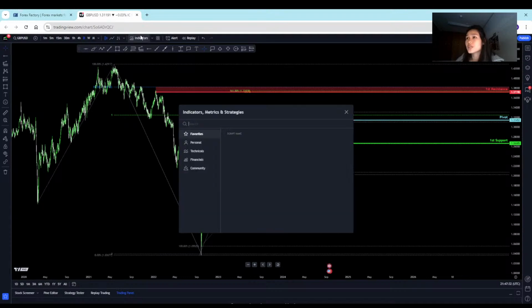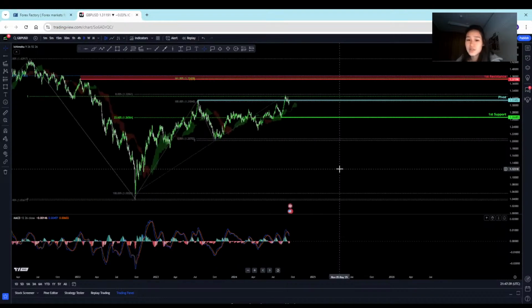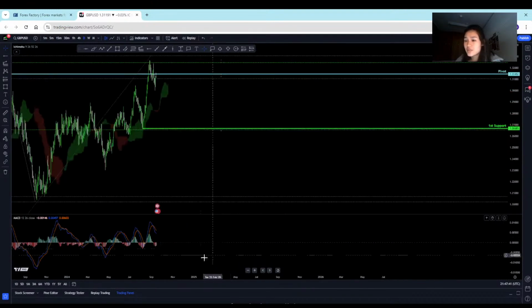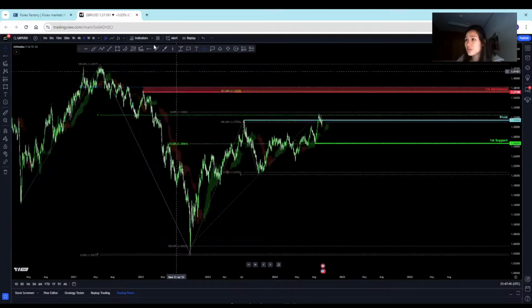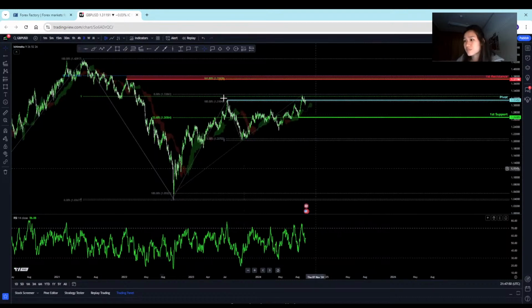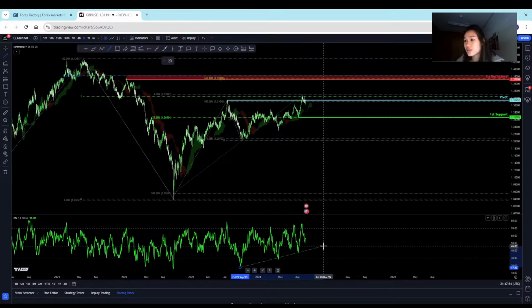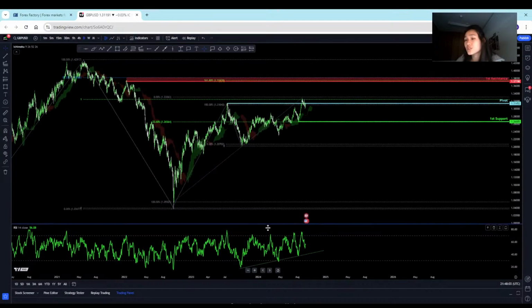Okay, let's go in with our indicators now. So prices are moving above the cloud, so they are giving us a bullish signal. MACD is giving us a slightly bearish signal, so I'm not going to use it. Let's look at RSI. Okay, we have prices moving in this ascending trend line on our RSI, so it is giving us a bullish signal as well.